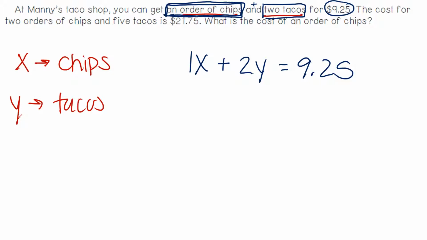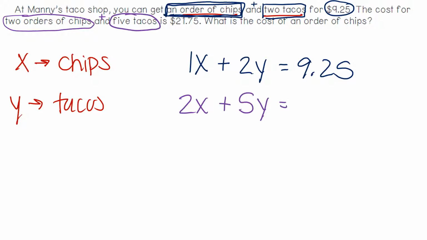In the second sentence, the cost for 2 orders of chips, so that's 2x, and is a plus sign, 5 tacos, 5y, the total is $21.75. You take those two equations and use either the substitution or the elimination method and solve for your problem.